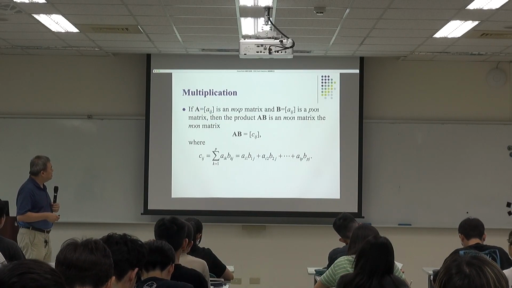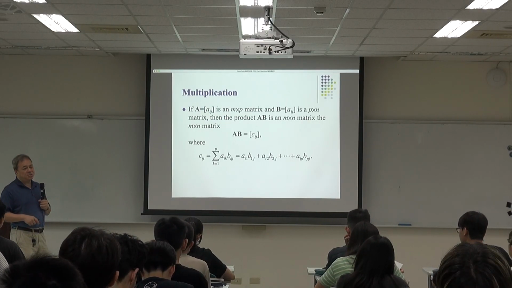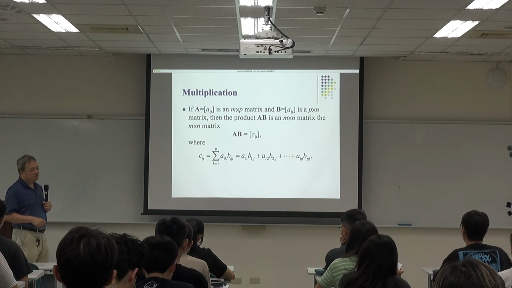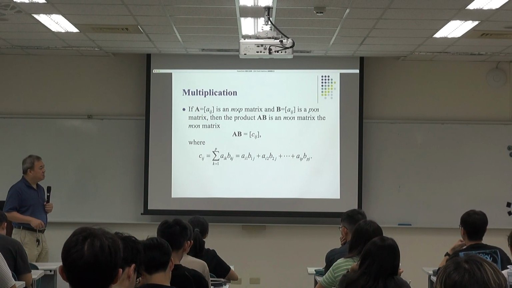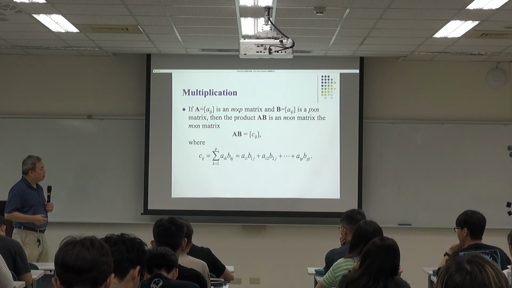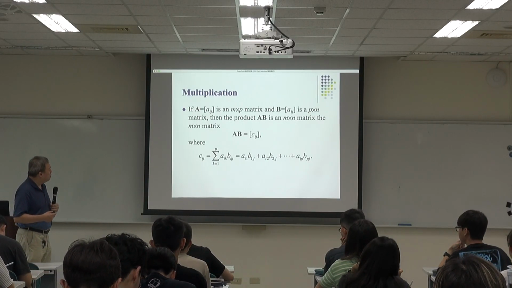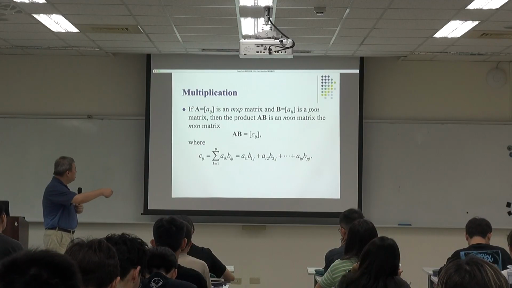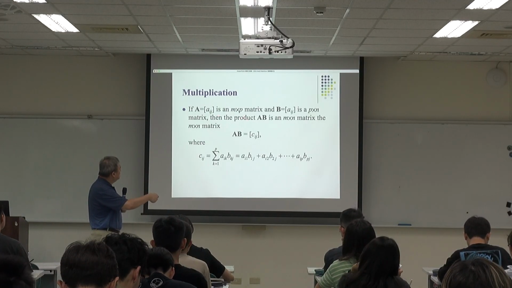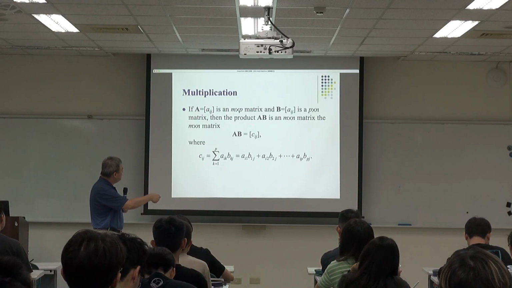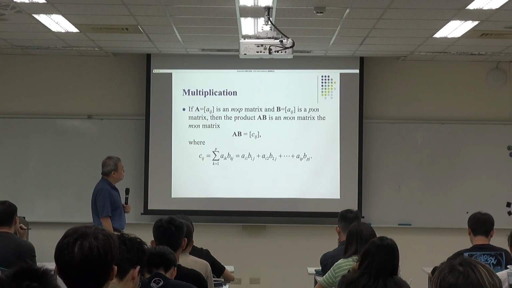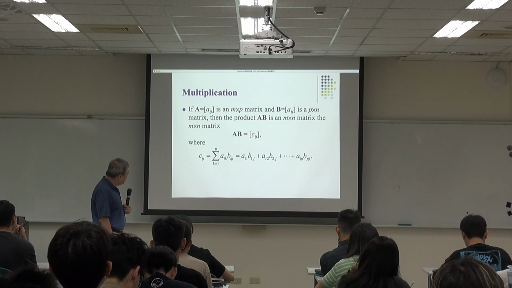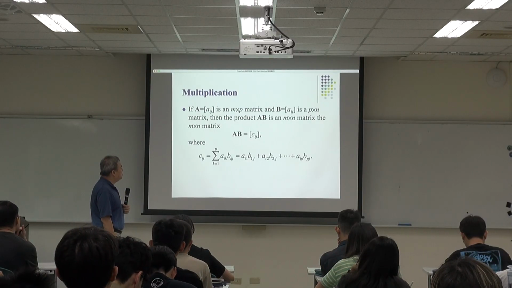First, not every pair of matrices can be multiplied together. They have to have the appropriate size. If the first matrix is of size n by p, and the second matrix has size p by n, then we are able to multiply them.